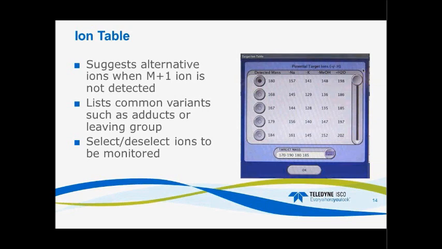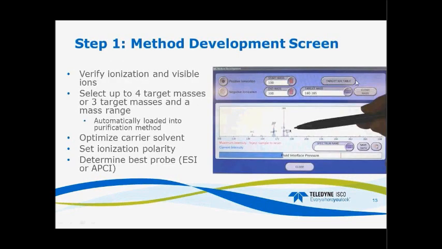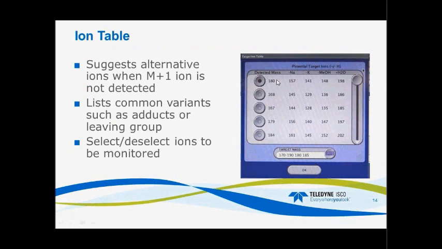Let me back up one second here. You can see up here a button called Target Ion Table. If for some reason you don't see your M+1 displayed in the Mass Spectra window, you can simply click on this Target Ion Table, and you get a display that looks somewhat like this, where you've got your detected mass displayed here.